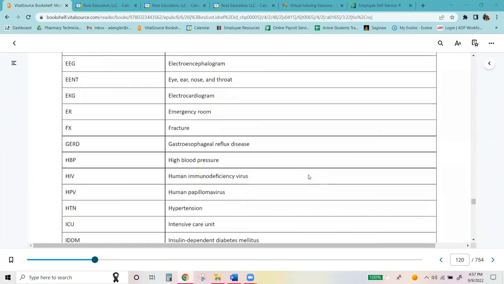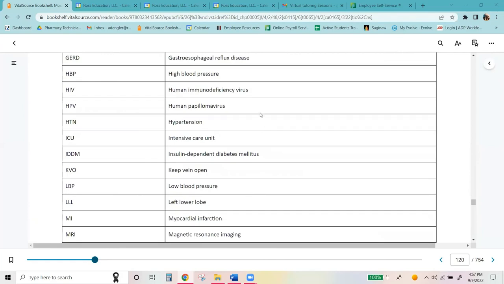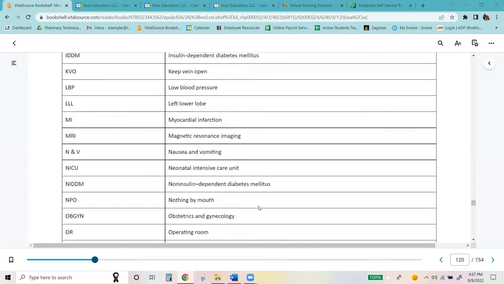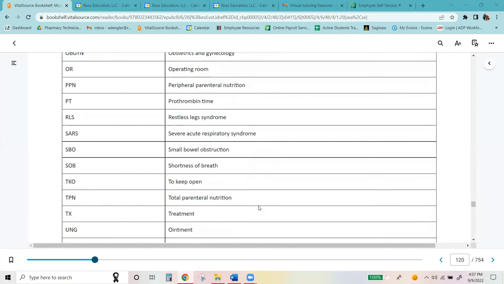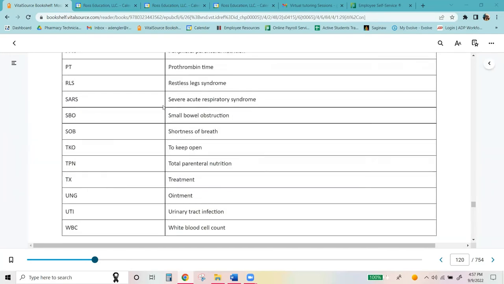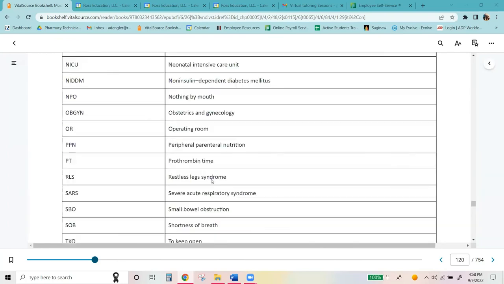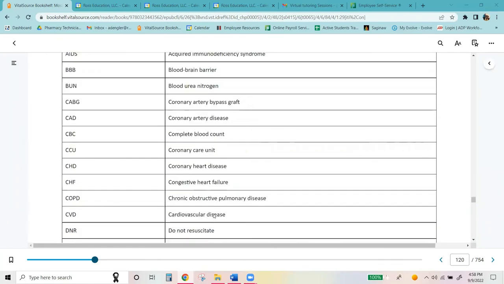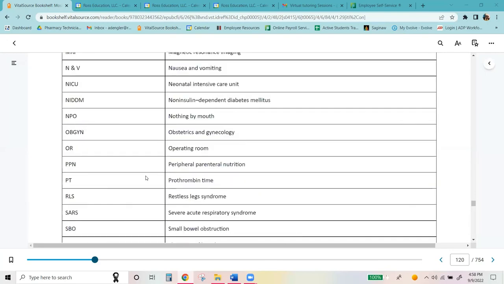Again, I wouldn't necessarily memorize all of these for the board exam, because they're probably not going to ask you questions like that; it's more along the lines of it being in the problem. Some of them they might ask you, like TPN, what does TPN stand for? But I wouldn't memorize this table right now by any means.